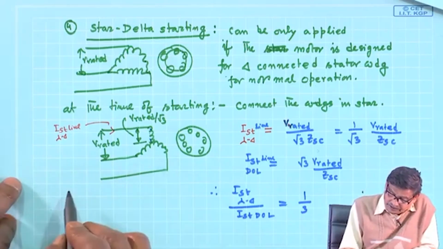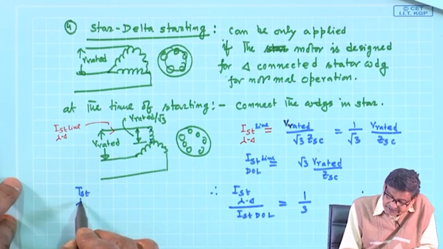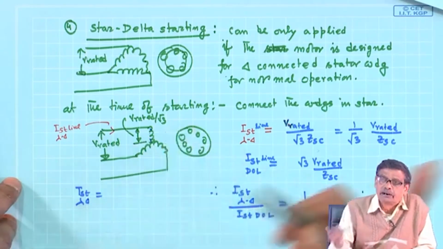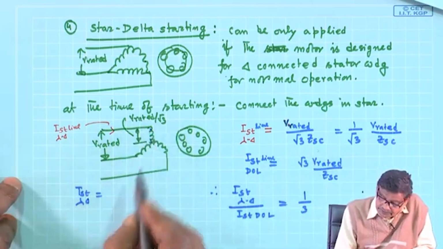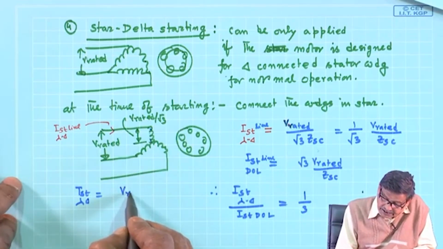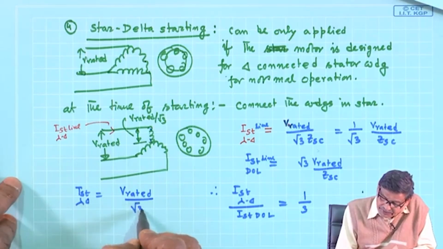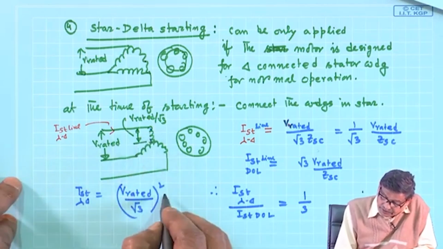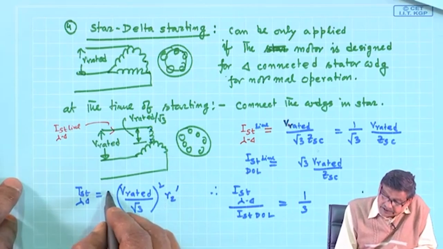And what about T starting star delta? It will be the winding current squared into R2 dash, and winding current is this one itself. So, V rated by root 3 ZSC, squared, into R2 dash into 3.